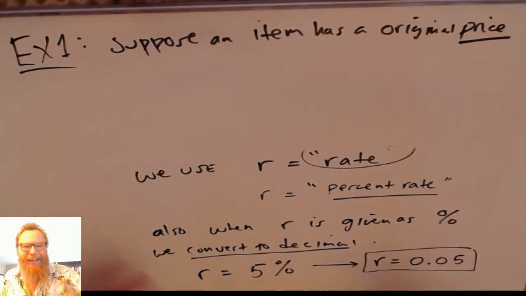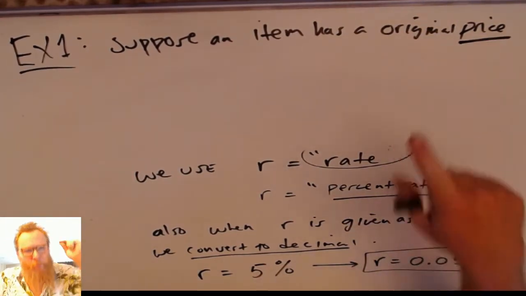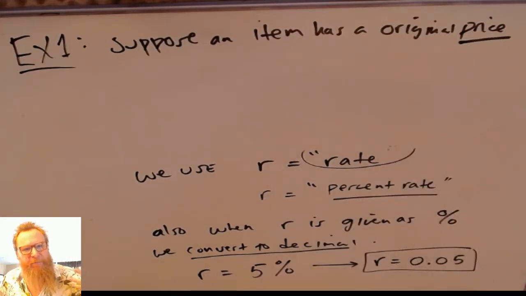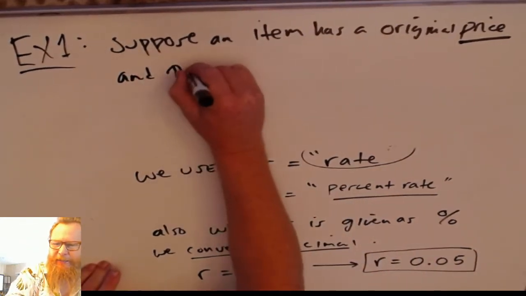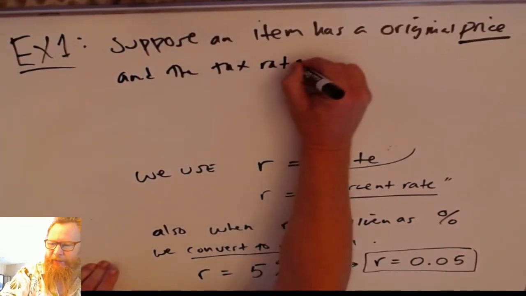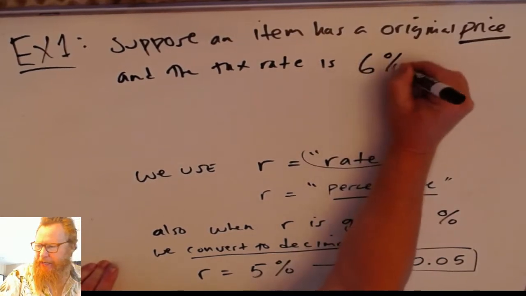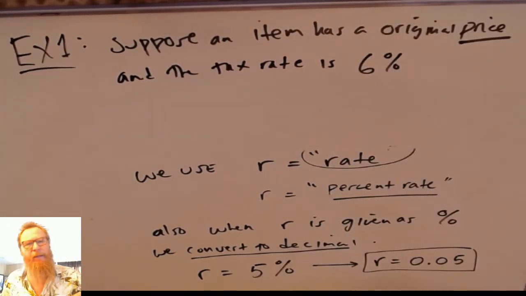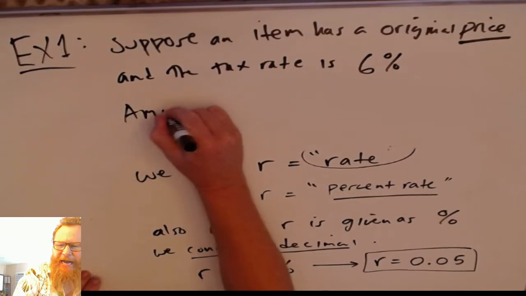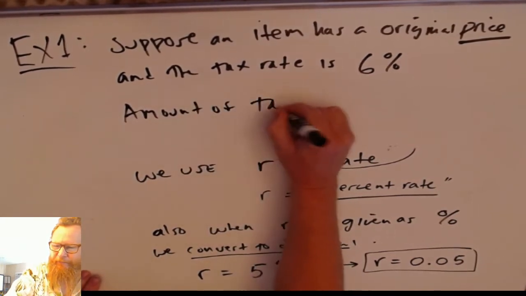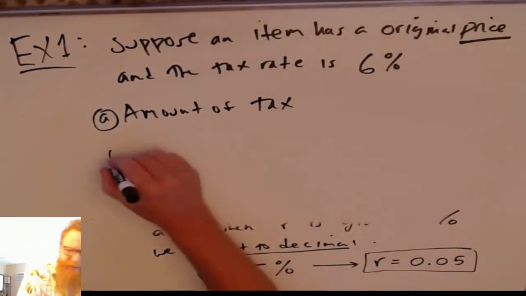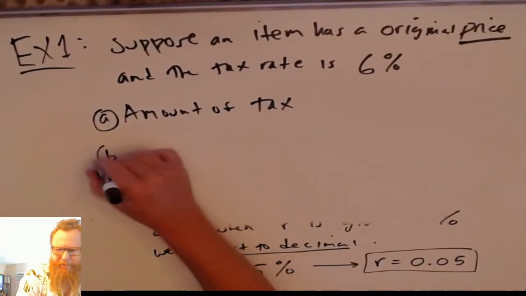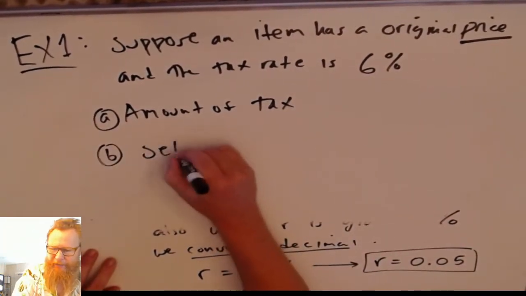But I really want to be clear that it's the original price before you've paid for taxes. The word original means prior to the taxes. And the tax rate is 6%. Find the amount of tax and find the selling price.